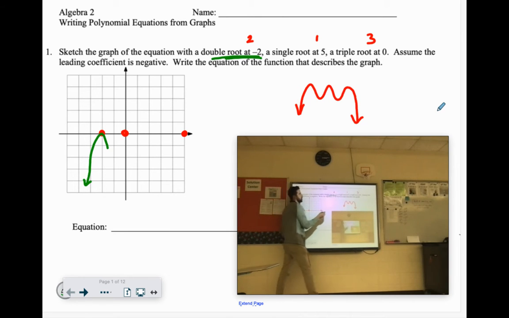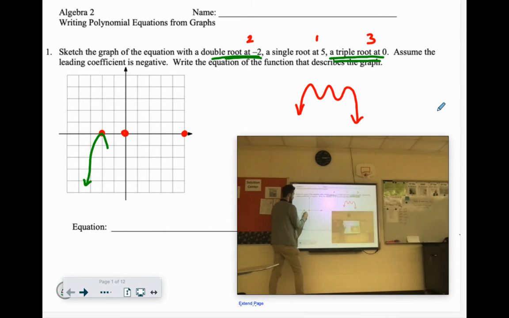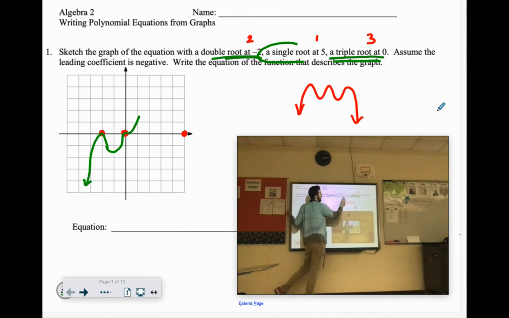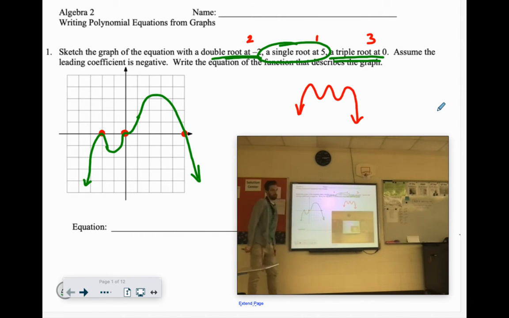So when it is a triple root, that's when it bends at that number. So it's going to come up at 0, and then be like, whoa, but still head that direction, but it's going to be a little bit of a bend. And then it has a single root at 5. So it's going to come back and just cross right through 5.